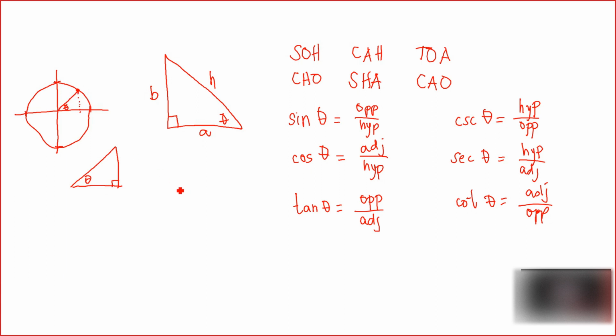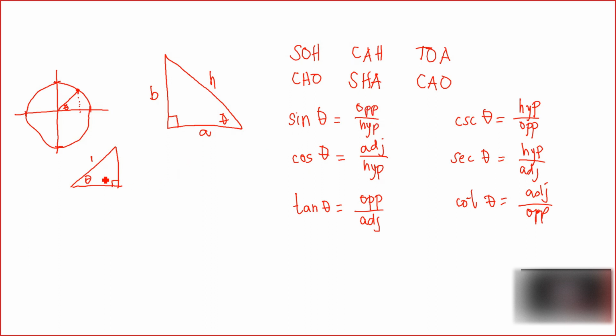Since this is a unit circle, the length of the hypotenuse is 1. If we go back to our mnemonic, SOH-CAH-TOA, our sine theta is opposite over hypotenuse.